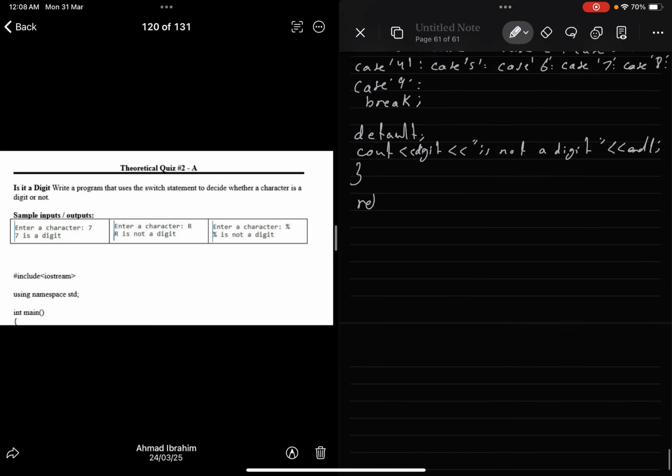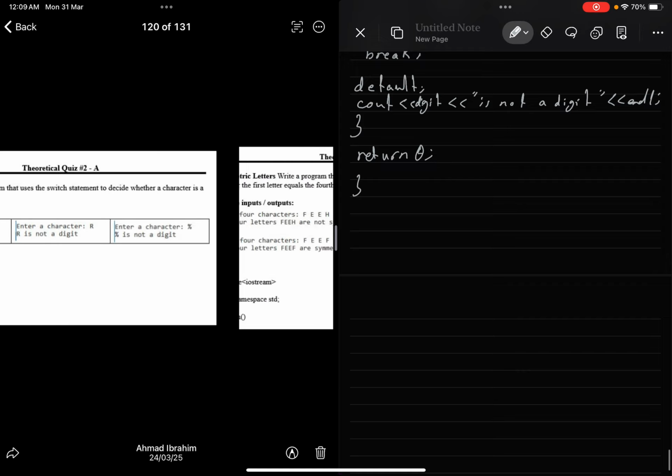Here we close the bracket and we write return 0, and we close the bracket.